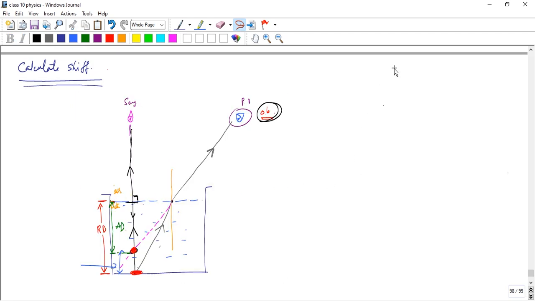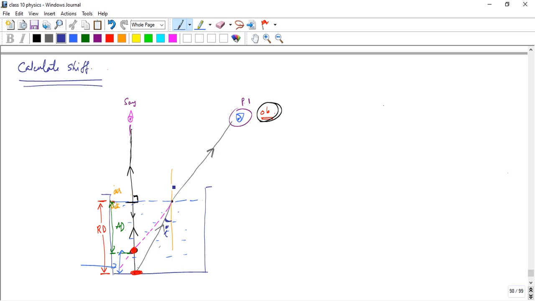Okay, so first to check, see that that is the incident ray, and there's a normal, so that angle, some geometry important, that is the incident angle I, and light travels from denser to rarer medium.